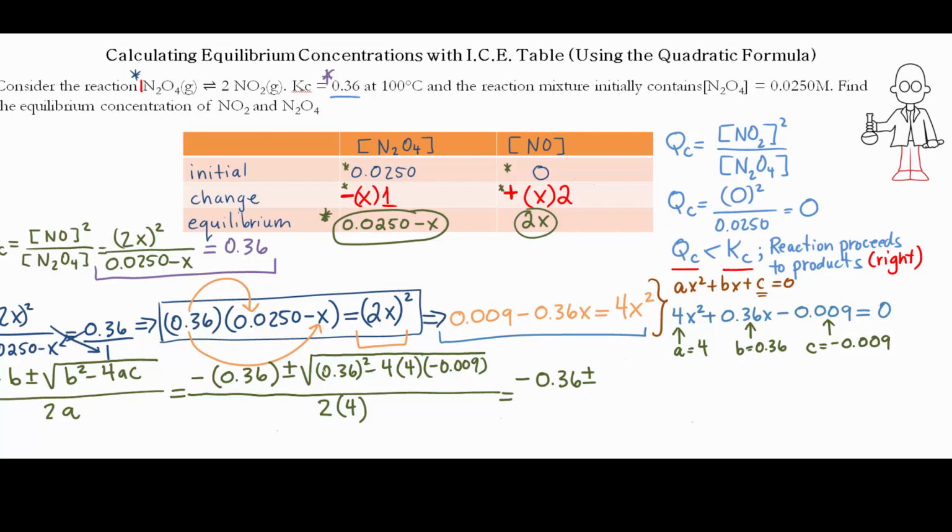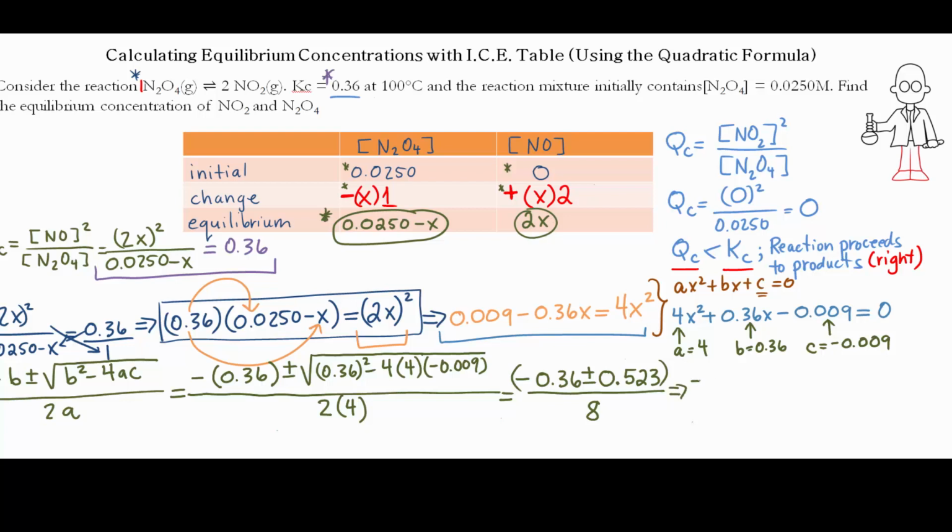When I do the operation under the radical and take the square root of it, I'm going to get this number of 0.523, and that's all divided by 8. So I wind up with two solutions.